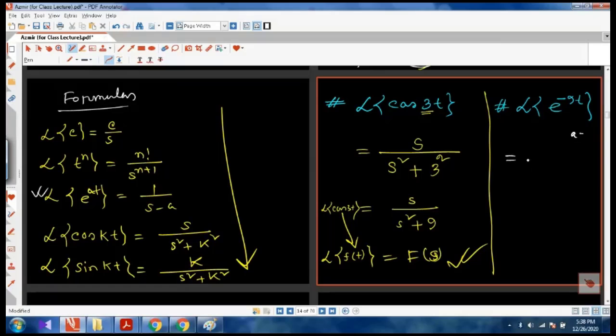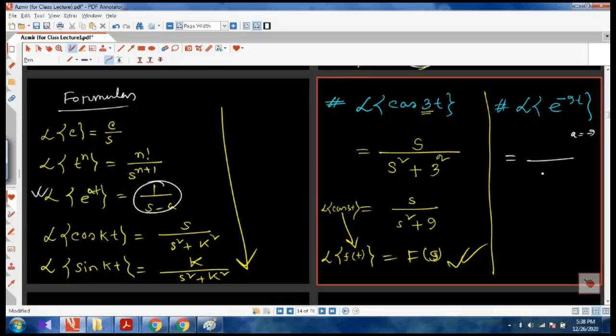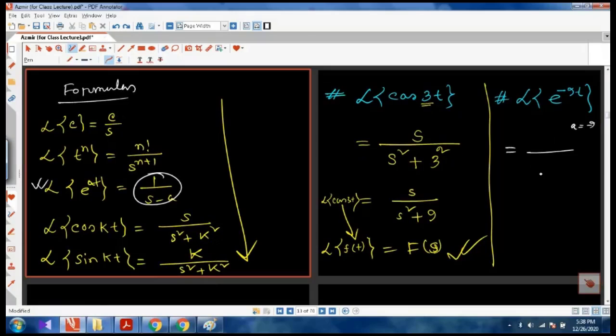So it will be 1 over, have a look at the direct formula, 1 over s minus a.